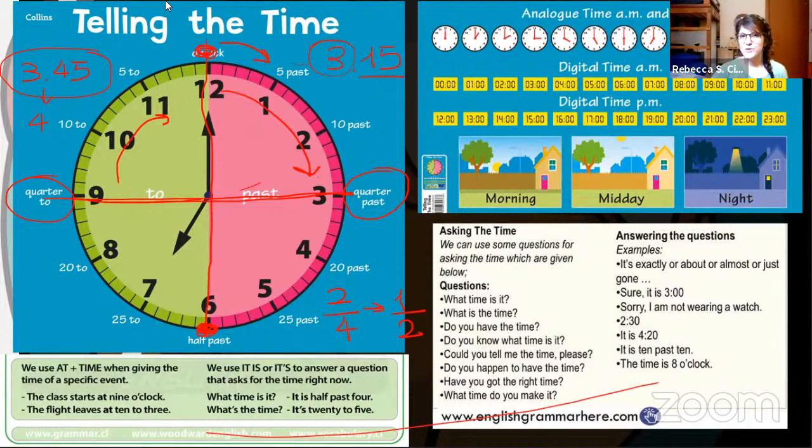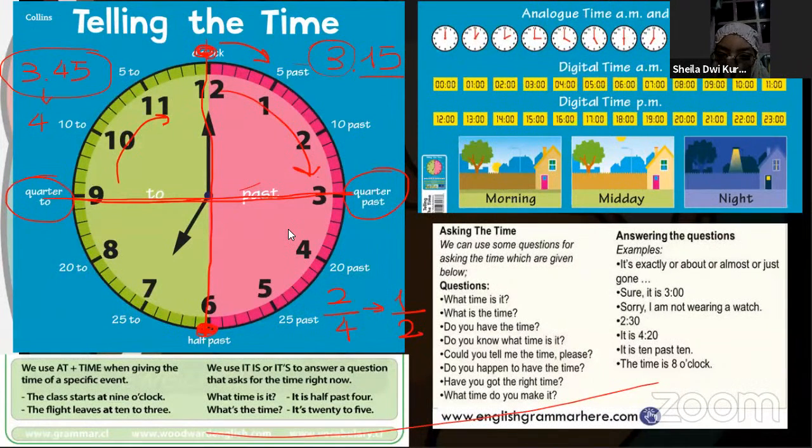Yes. Okay. So pardon me, Miss, I want to make sure. If in Indonesia the time is, for example, 7:15, so we say in English quarter past 8?